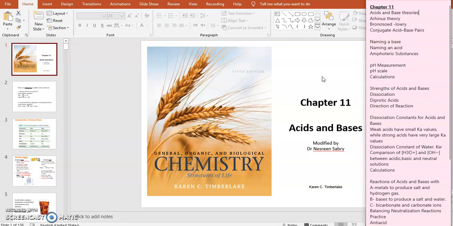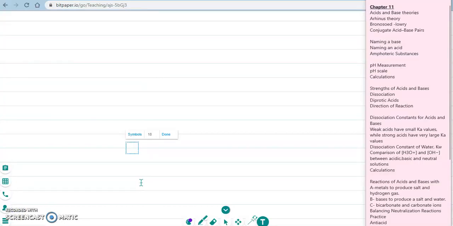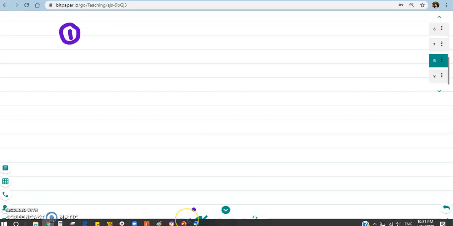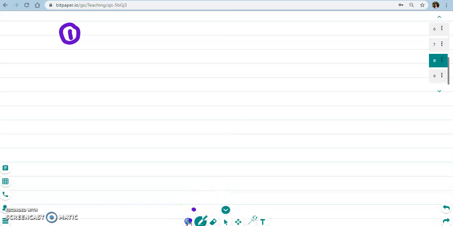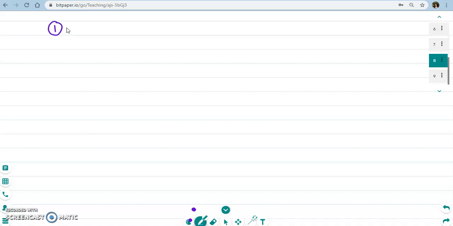So we'll start with the theories. There are two theories about acids. The first one is called Arrhenius theory.